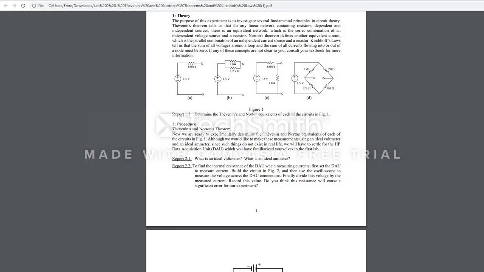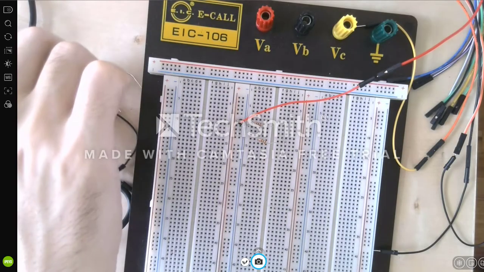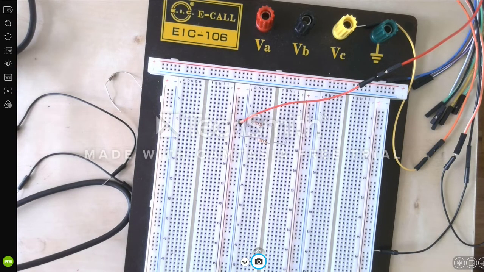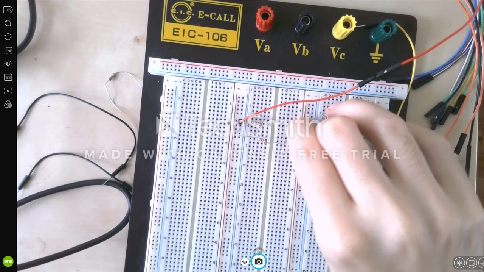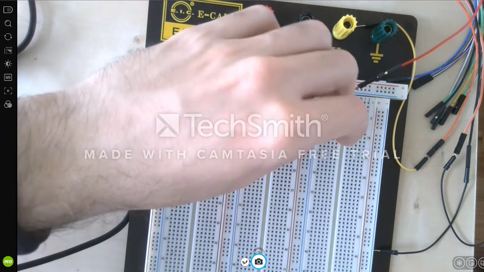All right, and 1.2K and 560 should be in series respectively, like this.